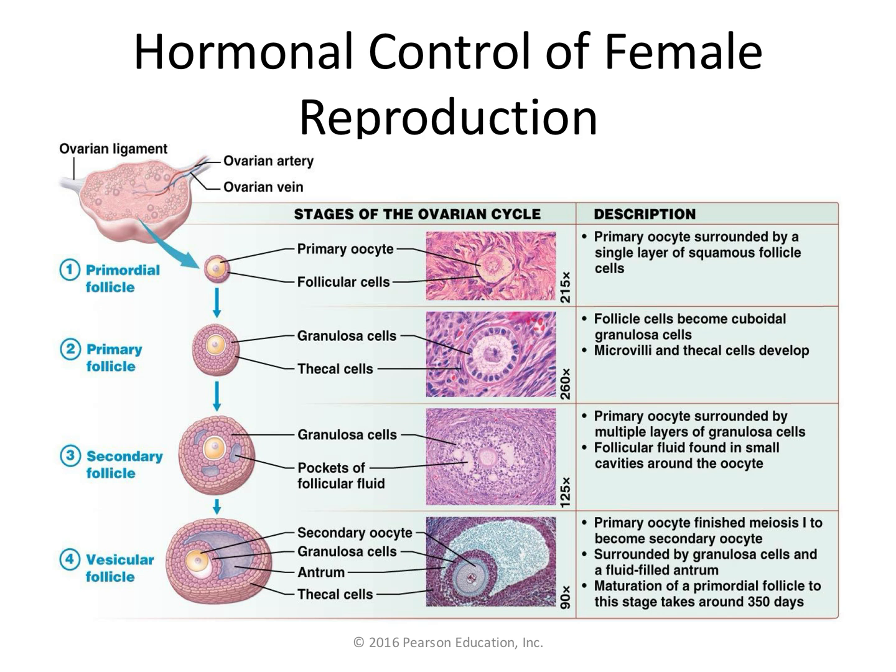So we're going to start with our primordial follicles. Our primordial follicles get stimulated by FSH to become primary follicles. Our primary follicles are going to have cells known as granulosa cells and our thecal cells.